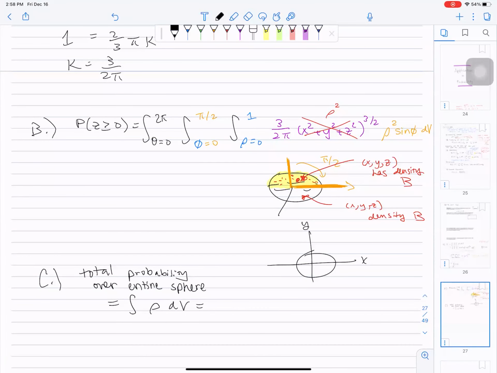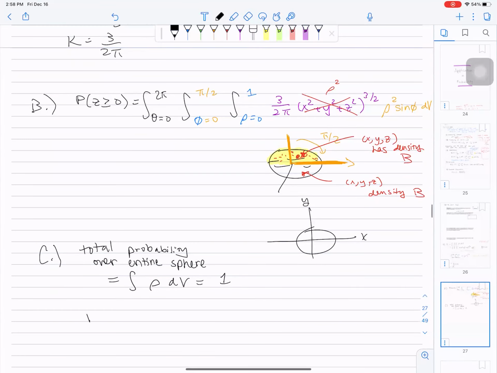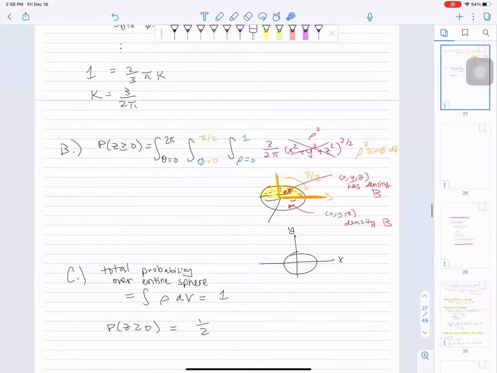And because this is a probability density function, the integral of rho should be 1. Now, if I'm only doing half of my region, z greater than 0, this is just a hemisphere part. It's only half of my region. So my probability should be a half because everything is symmetrical and we're taking exactly half of our region. So part C is a half.